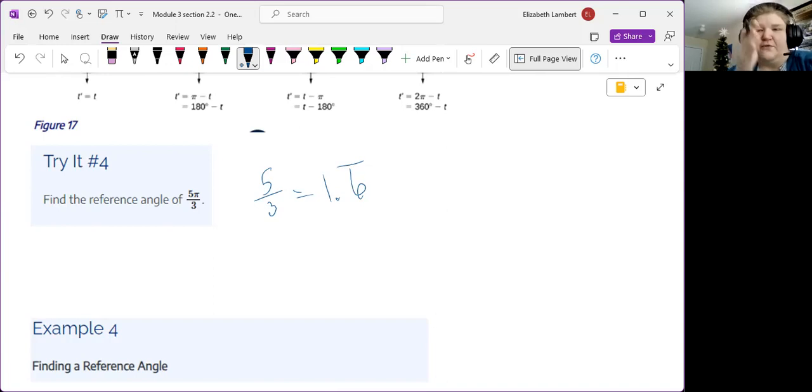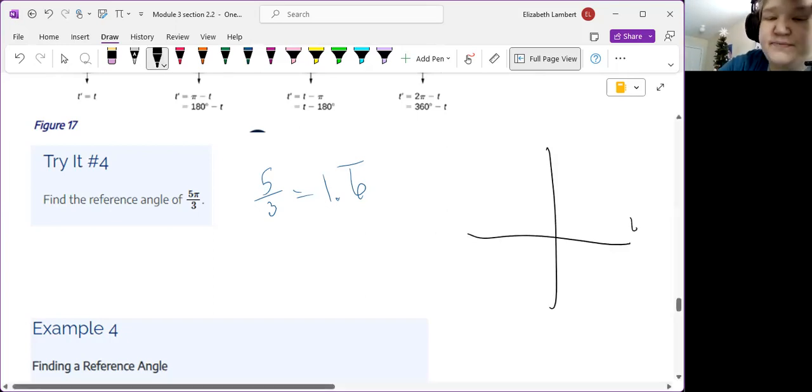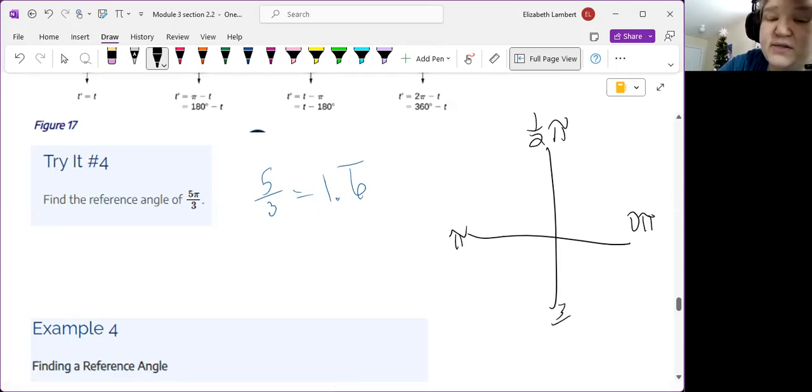The cutoff point for quadrant 3, that down spike, 270 degrees, is 3 pi over 2, which, 3 over 2 is 1.5. So when we're looking at our basic unit circle, this is 0 pi's, this is a half a pi, this is a whole pi, and this is 3/2 pi.